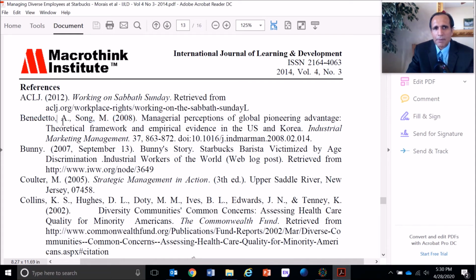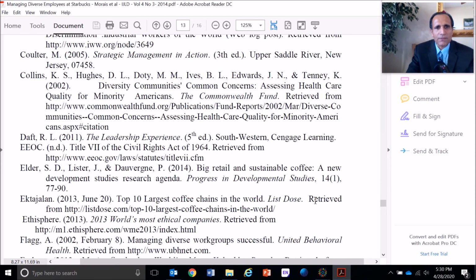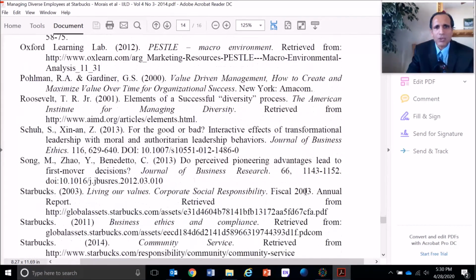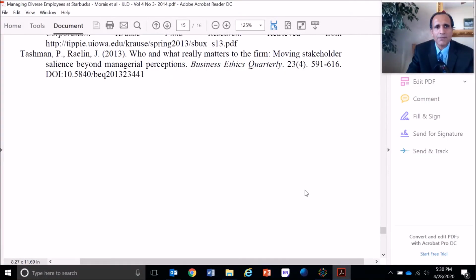So you see the name of the author or authors, the title of the article, and then the name of the journal, and then the volume number and page numbers. And sometimes you can also put in the digital object identifier or the link or the URL here. So you list all of your references accordingly here, alphabetically throughout the end of the document.